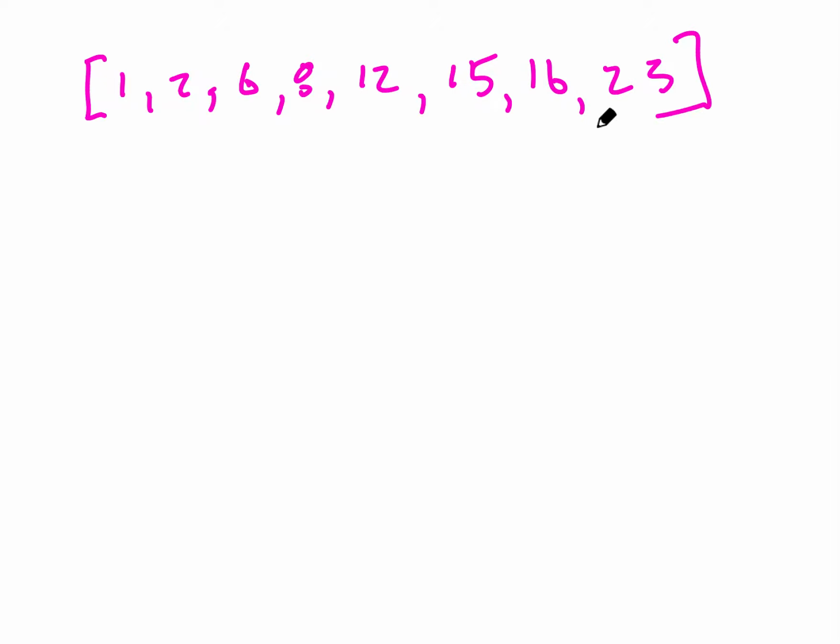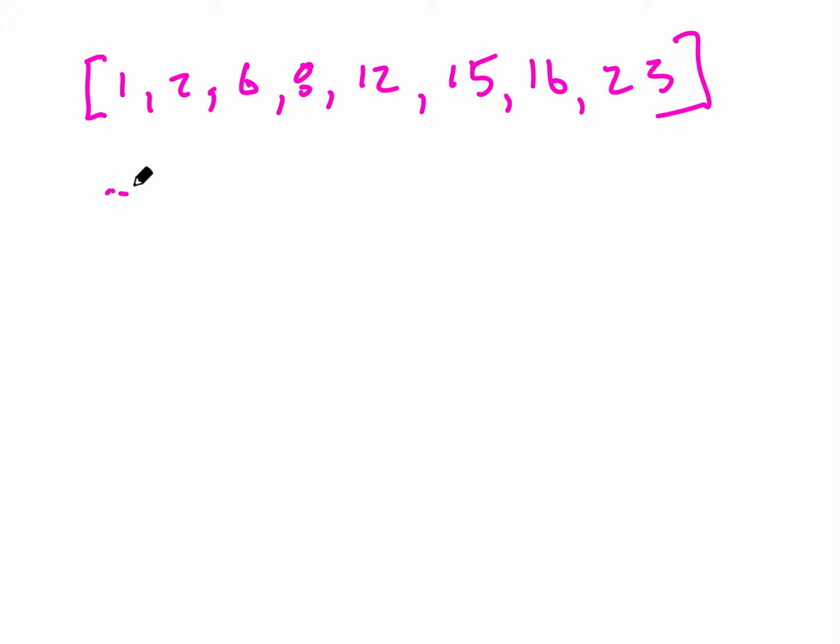With linear search, I'm going to have my list here. Let's say I have a list of numbers like this. Notice it's in ascending order. How do I solve the problem?